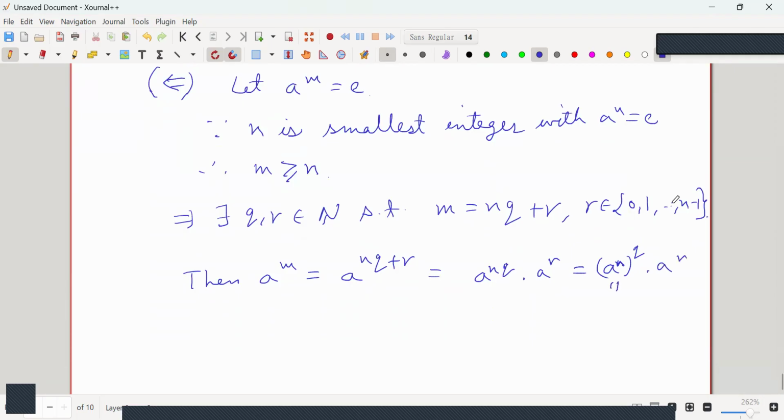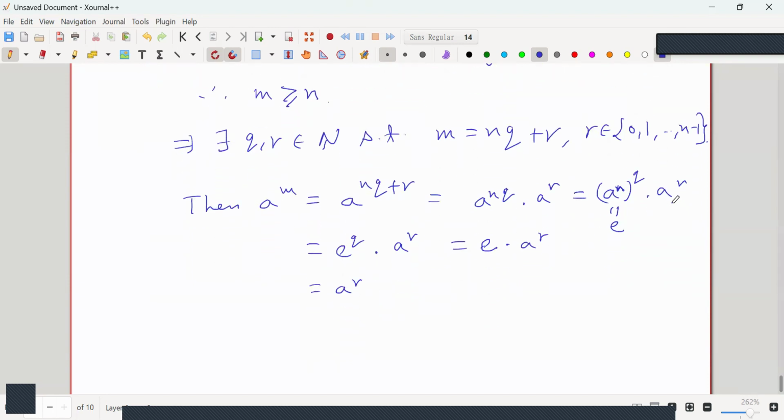But a^n is already identity. So this is identity raised to q times a^r. And that means this is identity, and identity times some element is again going to be that element.